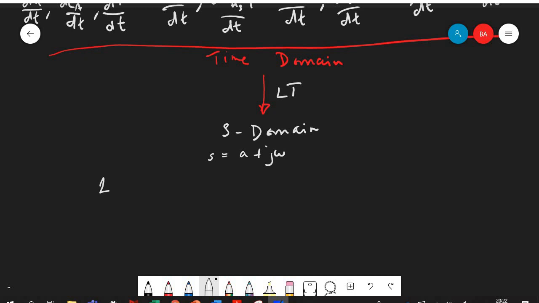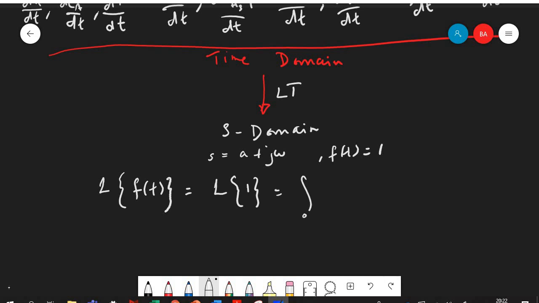And when you take the Laplace of a function, we're going to take the simplest example, if f of t is equal to 1. So the Laplace of 1 is the integral from 0 to infinity of e to the power minus st multiplied by f of t.